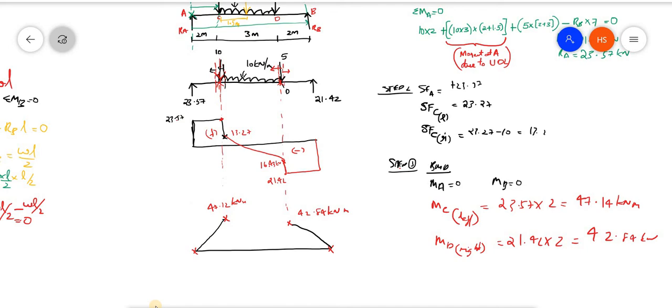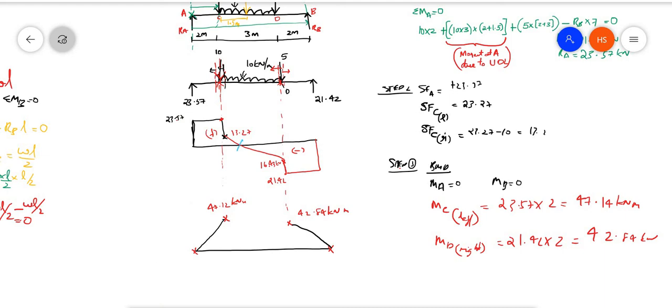So the most important thing you have to understand is that maximum bending moment happens when the shear force changes its sign. So when the shear force is changing its sign, from negative to positive, you can understand this is the point.